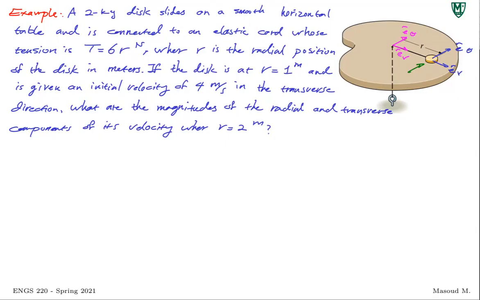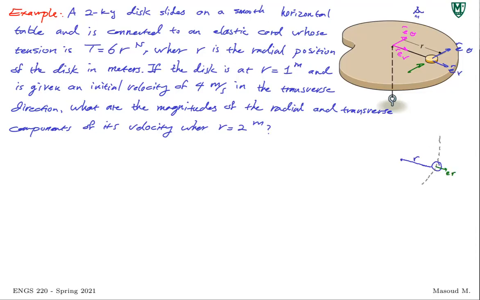If you've been paying attention, let's look at this from the top. This disk and its motion with respect to the hole in the middle of this table, if this is R, and let's say this is the motion, it's a central force motion. Right?